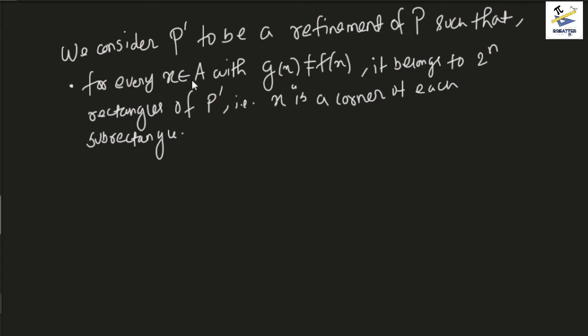x belonging to A, where A is the integration region, with g of x not equal to f of x, so we are considering all the points x where the functions g and f are not equal, and we are saying that it belongs to 2 to the power n subrectangles of P prime, which is the new partition. That is, x is a corner of each such subrectangle, right?